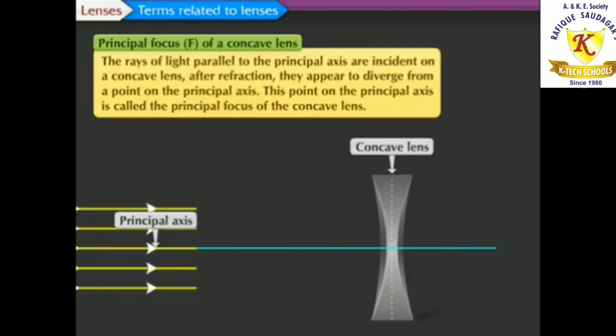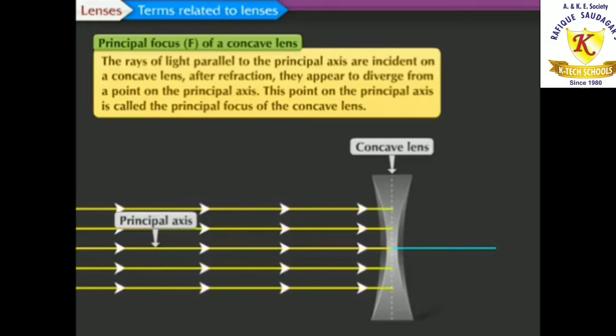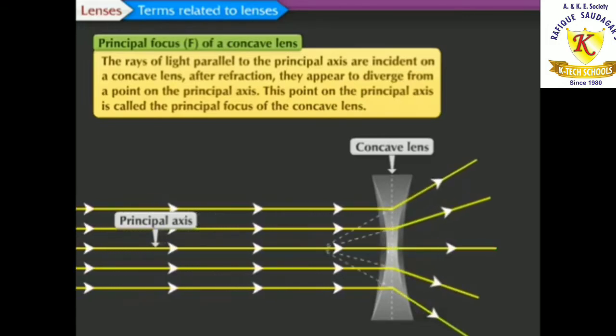Light rays parallel to the principal axis falling on the concave lens go away from one another. That is, they diverge after refraction. So this type of lens is also called a divergent lens.